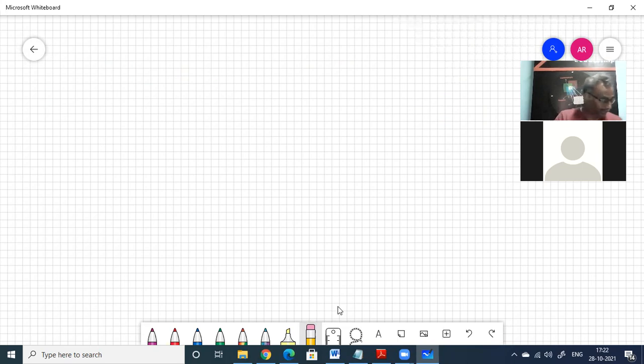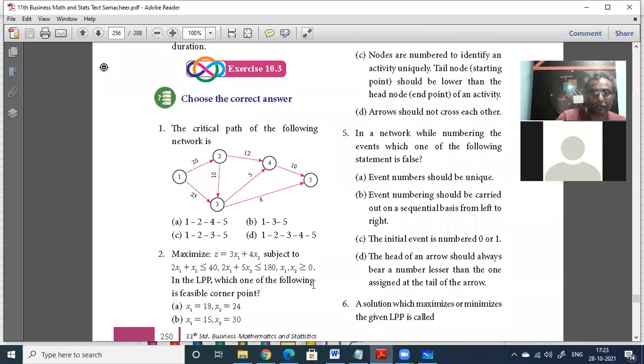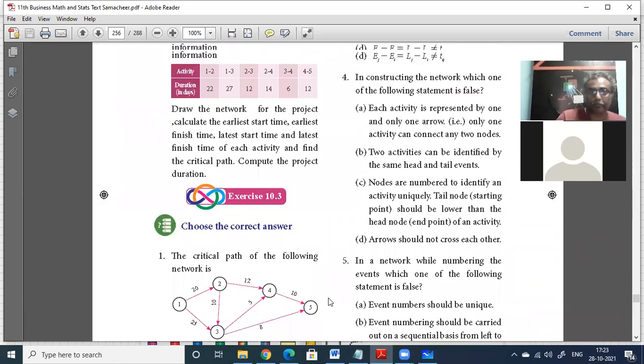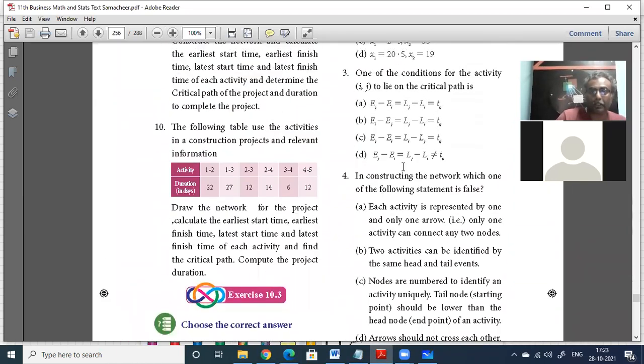One of the conditions for the activity I comma j to lie on the critical path. Okay, four choices are given. E of j minus E of I comma j. So j will be the last one, I will be the first one. j is the last one, I is the previous one.